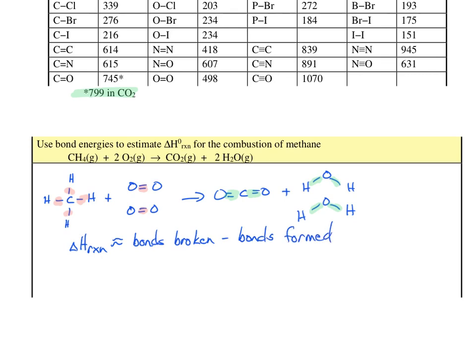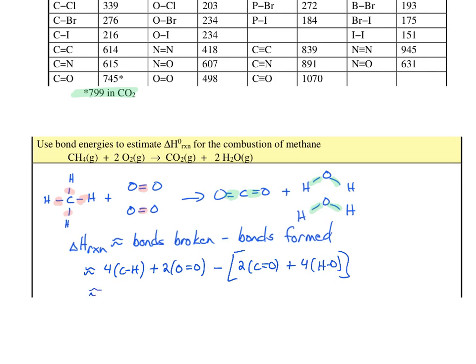Okay, and note here, if the sum of the bonds formed is a larger value than the bonds broken, it's going to be an exothermic reaction, as this would be a larger value subtracted from a smaller value. So this is approximately 4 times a carbon-hydrogen bond plus 2 oxygen double bonds in O2 minus 2 carbon to oxygen double bonds plus 4 hydrogen to oxygen single bonds.